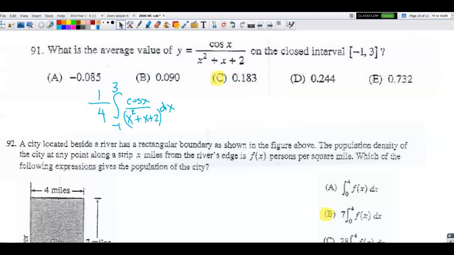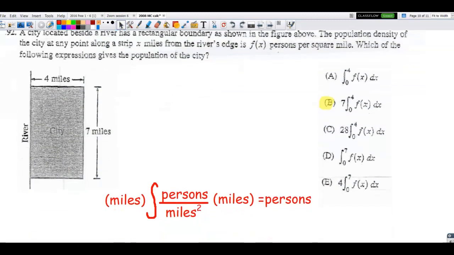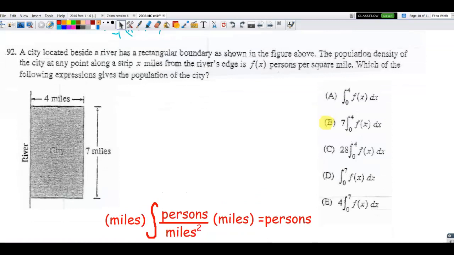And then lastly, number 92, a city located beside a river has a rectangular boundary. So we see the river over here, and there's a rectangular boundary to the city. The population density of the city at any point, population density, how many people can you cram into that space?